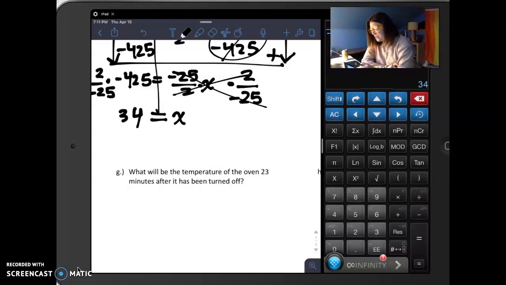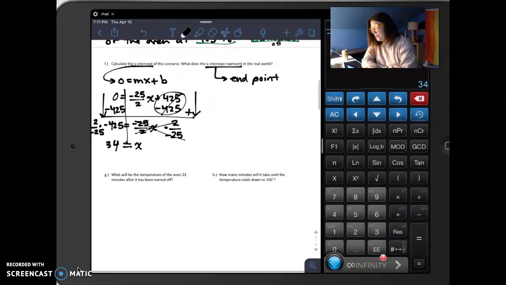So x equals 34, and now we need to think about what this means as an end point to our situation. This is kind of weird, right? We have an end point where 0 is equal to y. Y has been replaced with 0.